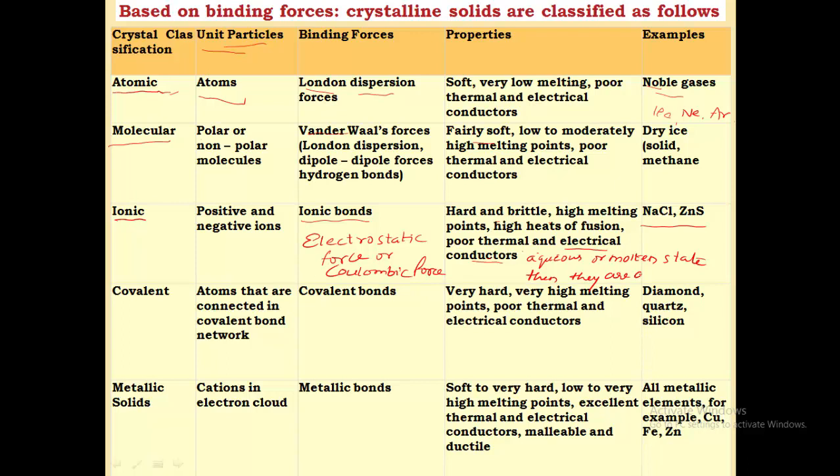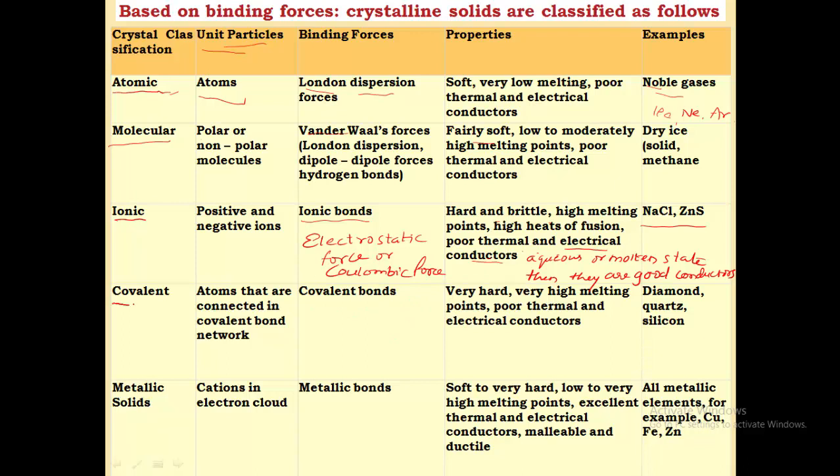Remember this: when they are present in solid state, they are bad conductors, but when they are present in aqueous solution or in molten state, they are good conductors of electricity.